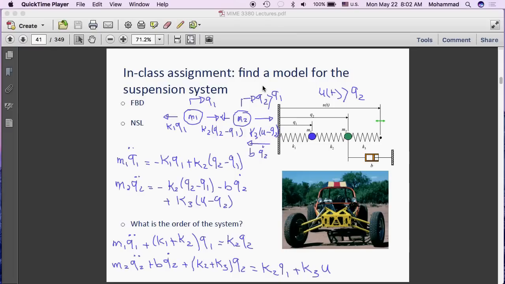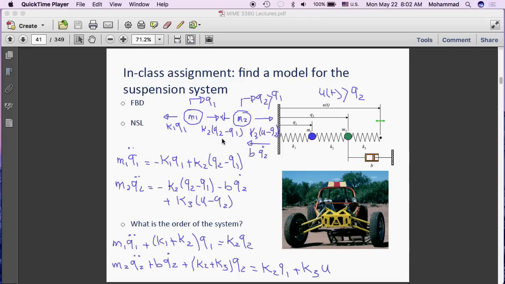But that doesn't limit the validity of the model. So if q1 at some point, as these two masses move, becomes larger than q2, this will be taken care of by change of sign. How? I can show you here, for example. When we start writing Newton's second law for the first mass, we have m1 q1 double dot. That's m times acceleration.